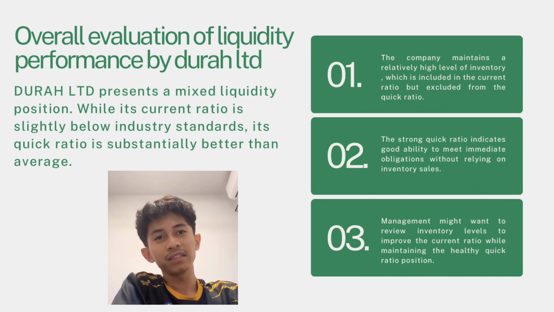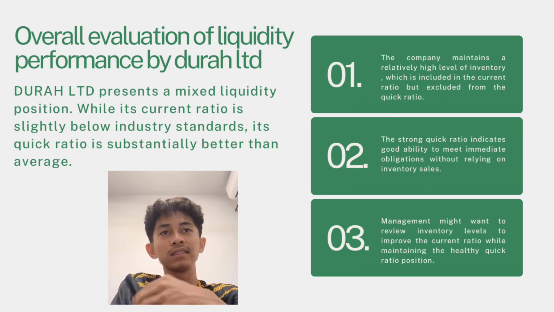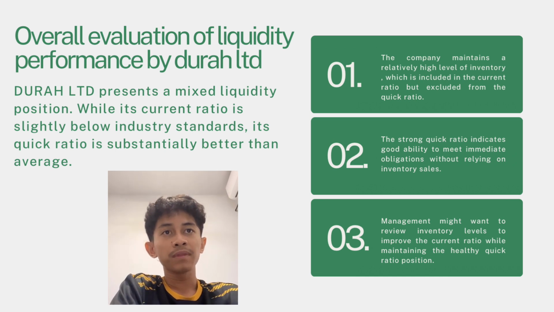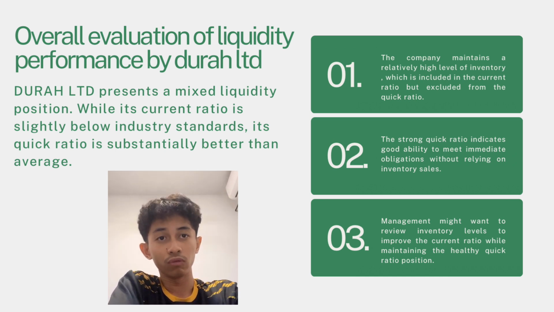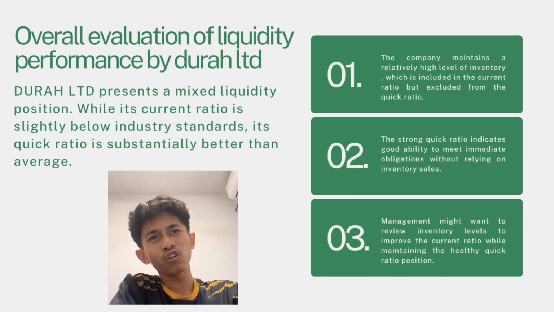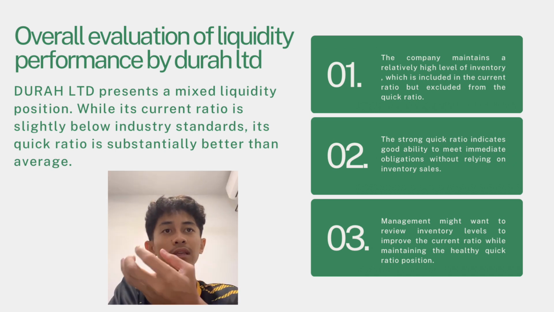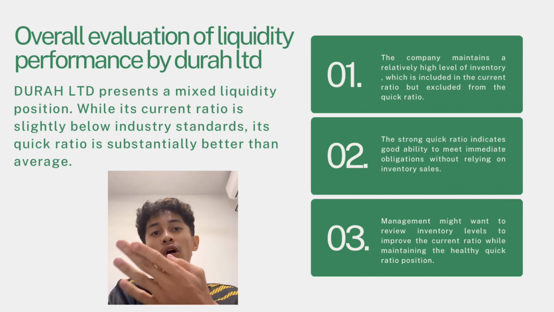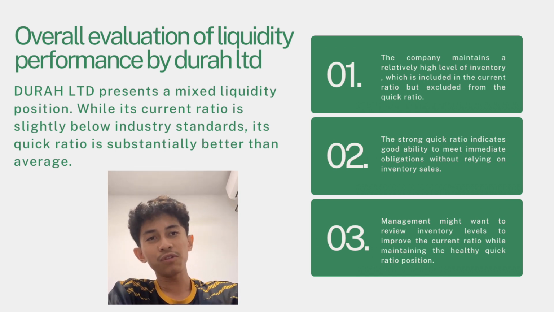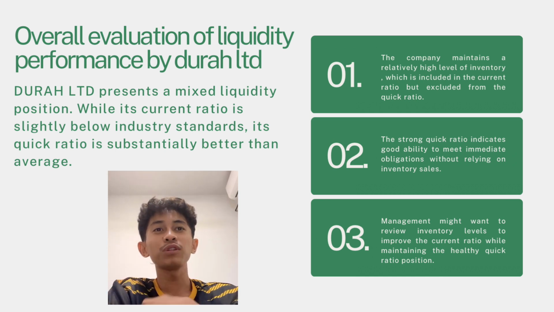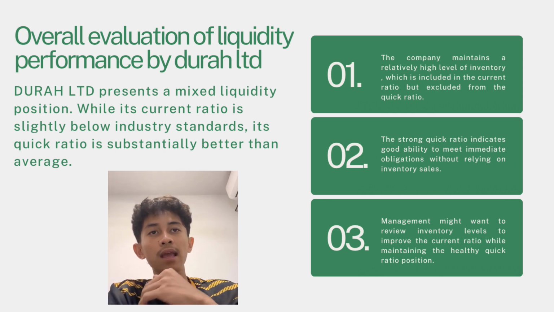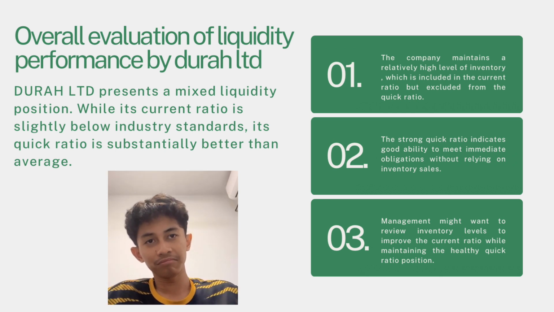So this shows that the company maintains a relatively high level of inventory, which is included in the current ratio but excluded from the quick ratio. Next, the strong quick ratio also indicates a good ability to meet immediate obligations without relying on inventory sales. So for the management, they might want to review inventory levels to improve the current ratio while maintaining a healthy quick ratio position.